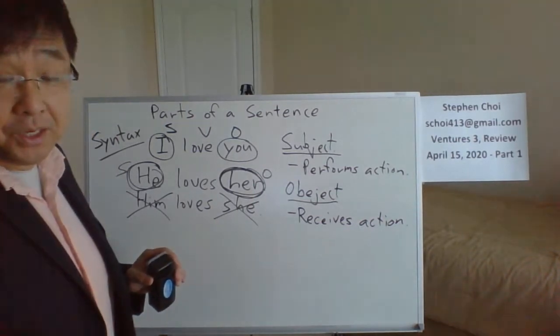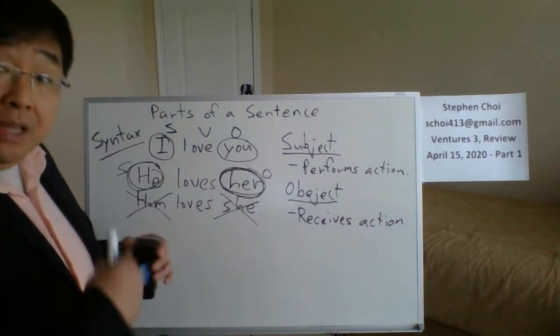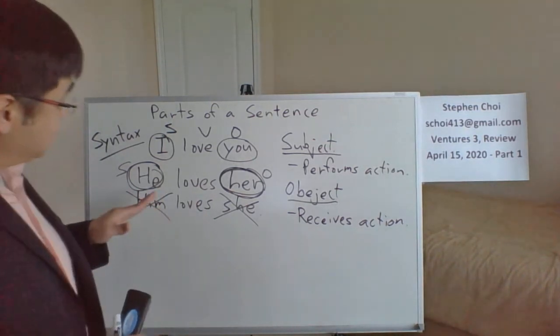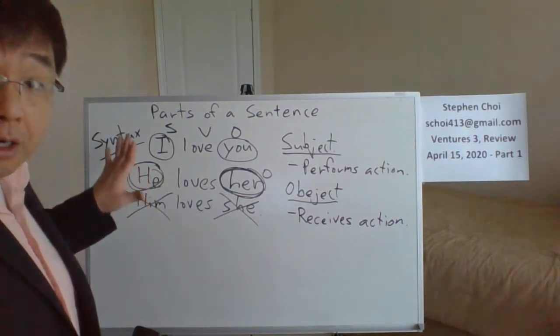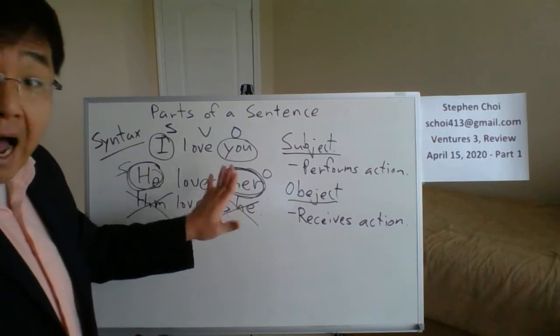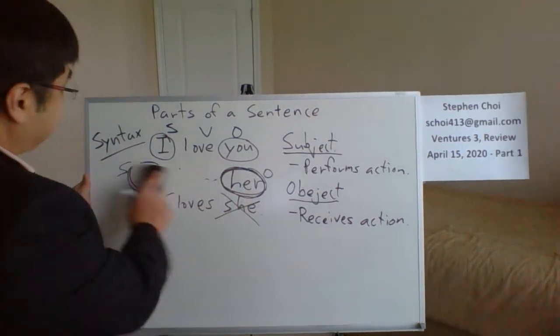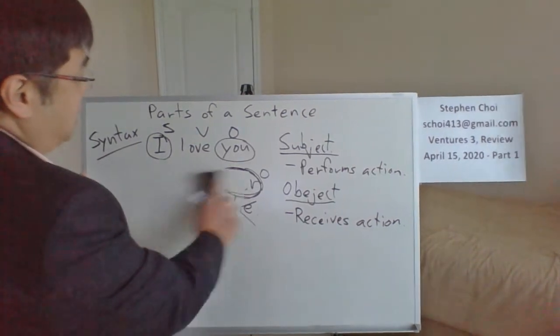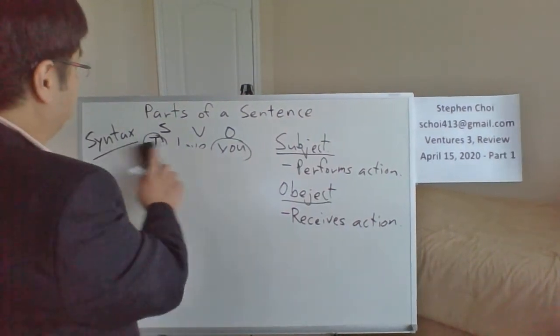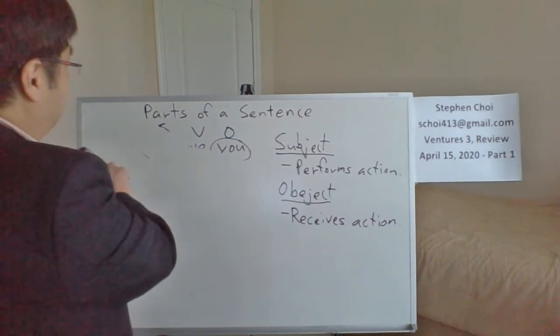I know you know that, but sometimes we make that mistake. Just make sure that we use subject pronouns for subject position and object pronouns for object positions. All right, let's move on to a little bit longer sentence.